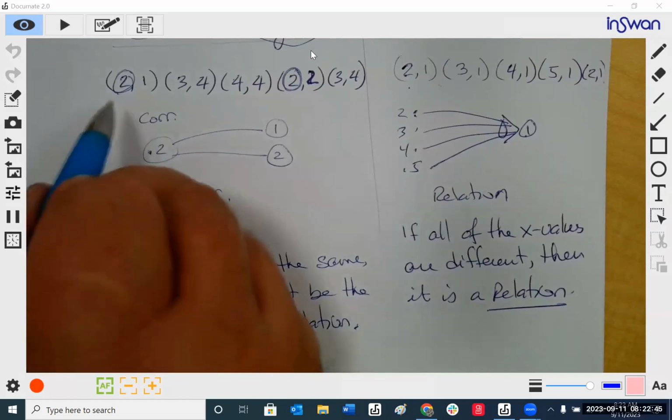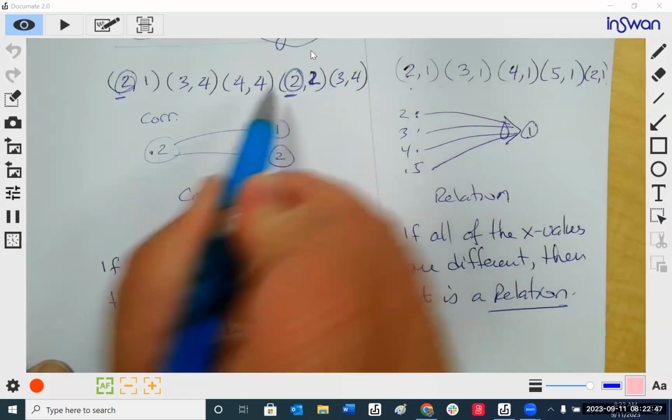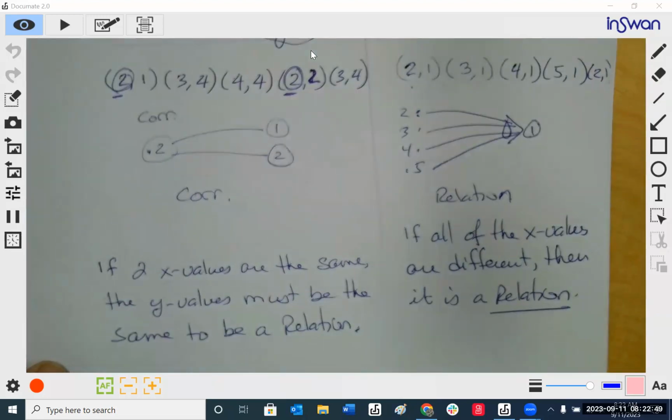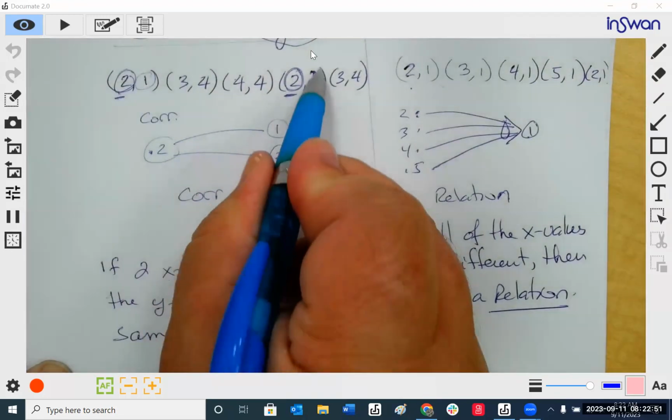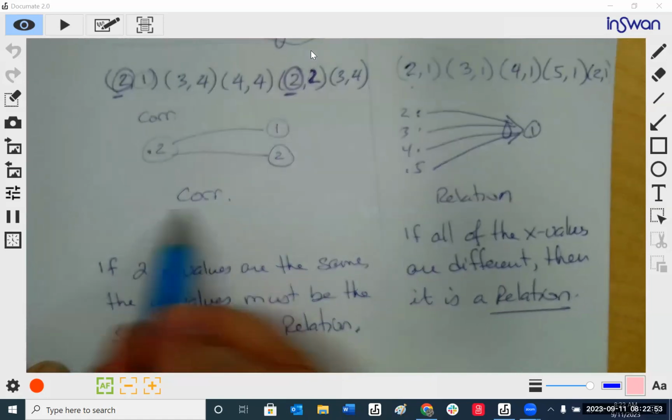So if two X values, the 2 and the 2, are the same, in order to be a relation, they have to have the same Y values. If they don't, then it's a correspondence.